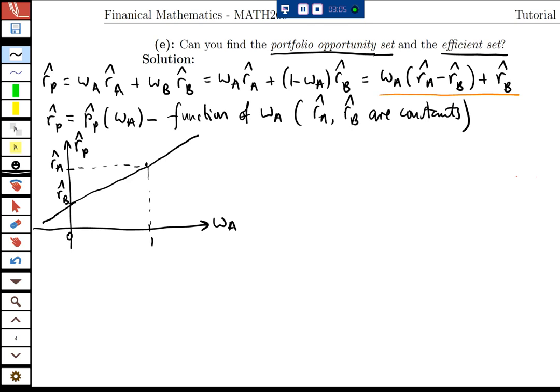Next, we could express the weight omega A in terms of all these expected returns.